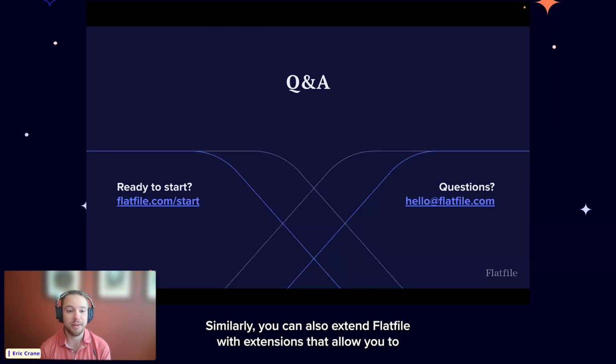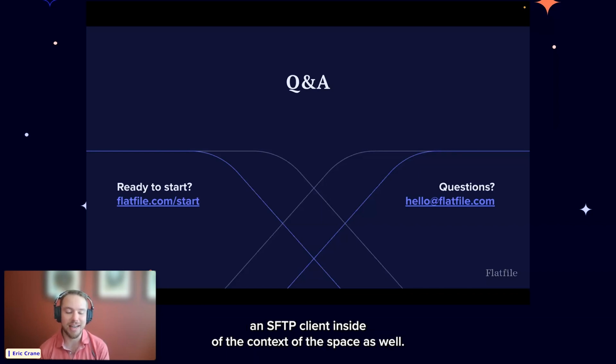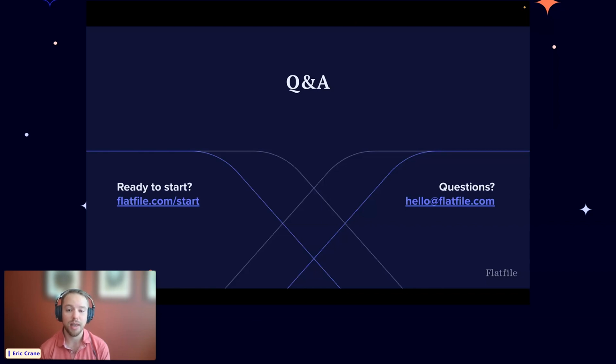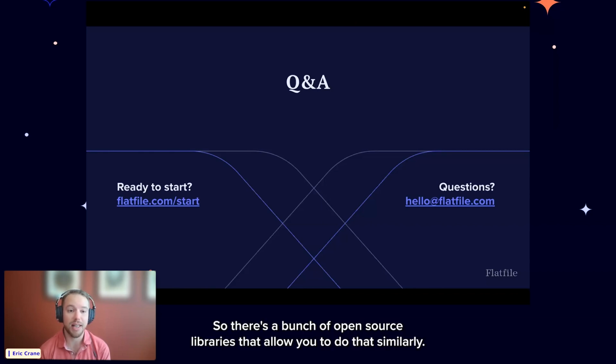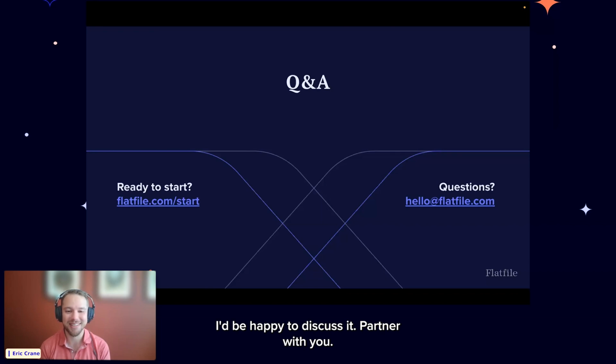Similarly, you can also extend Flatfile with extensions that we call plugins, which would allow you to integrate an SFTP client inside of the context of the space as well. There are a bunch of open source libraries that allow you to do that similarly. But if you want to dig deeper on this topic, you're more than welcome to reach out to me or anyone on the team. We'd be happy to discuss it further with you.